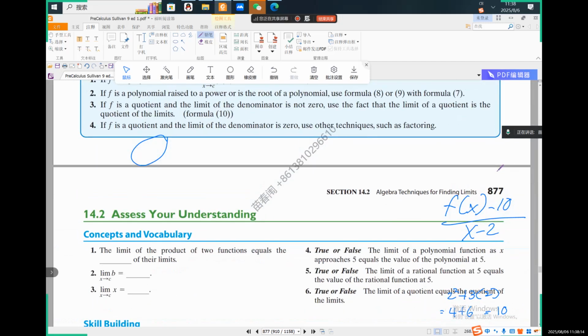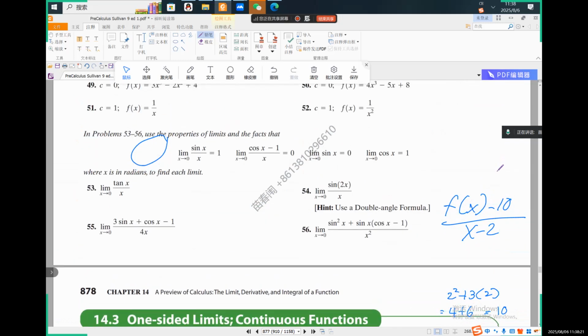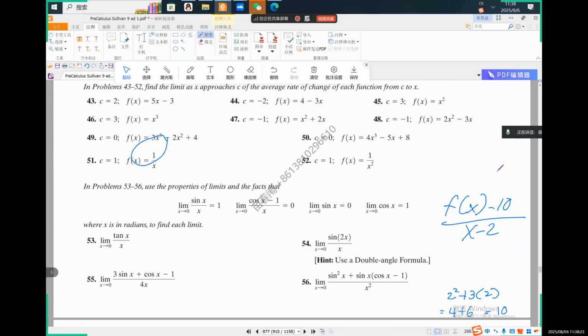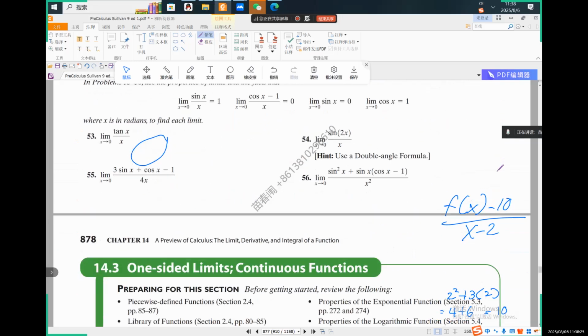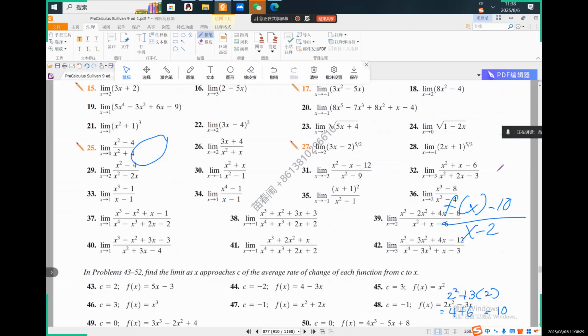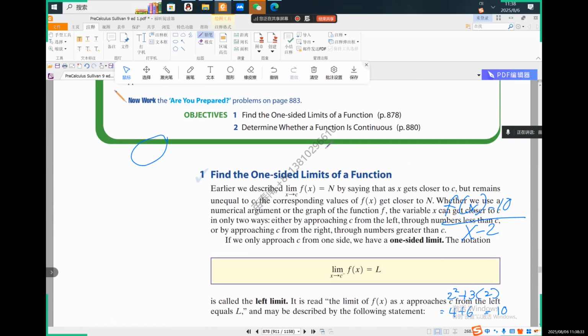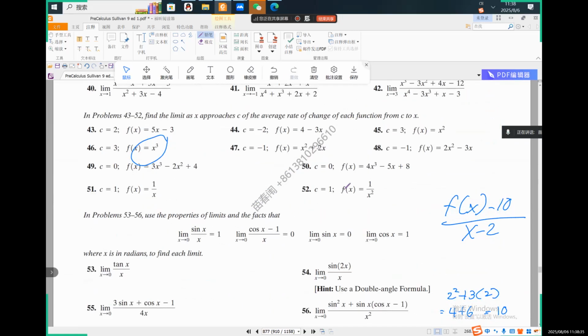And the homework is 877. Let's get the reading property. The last question we did is the rate of change. Let me see whether they have a rate of change problem. Oh, they do have it.